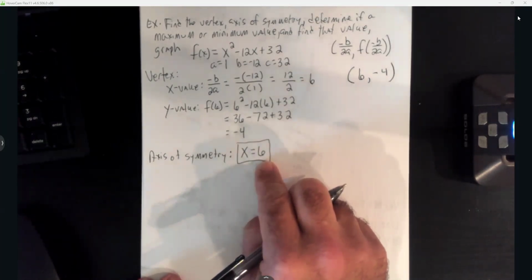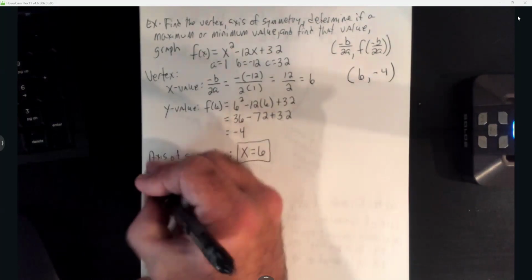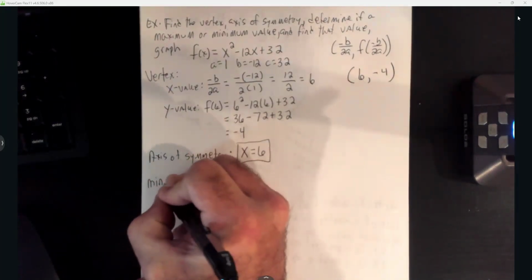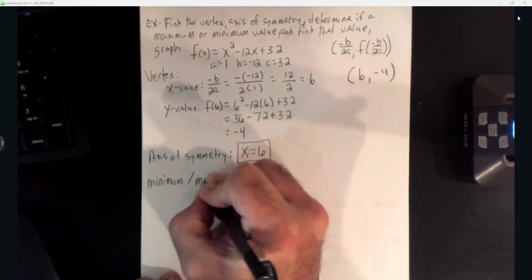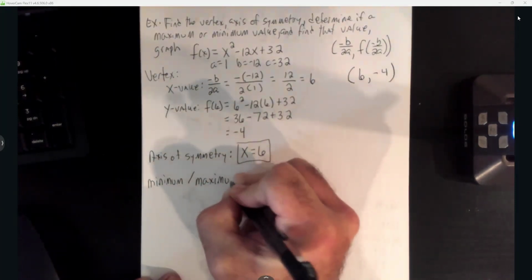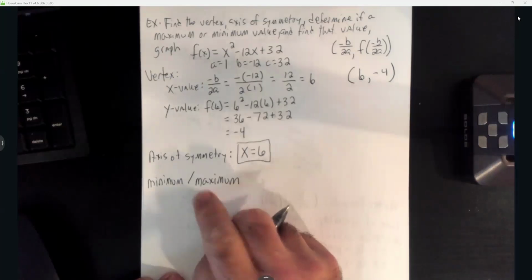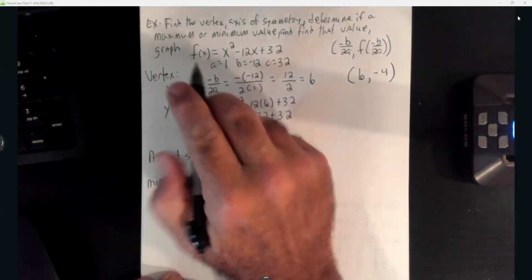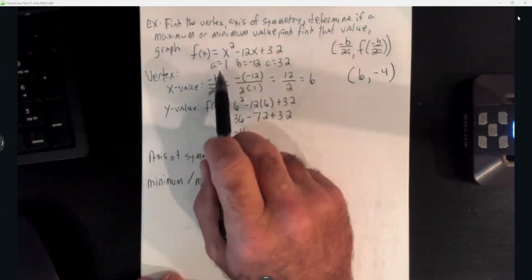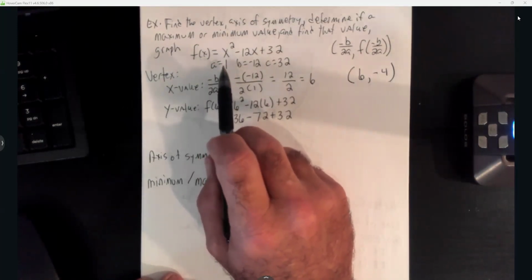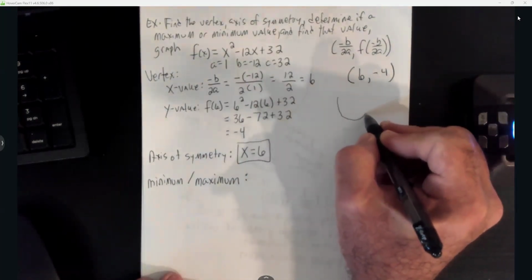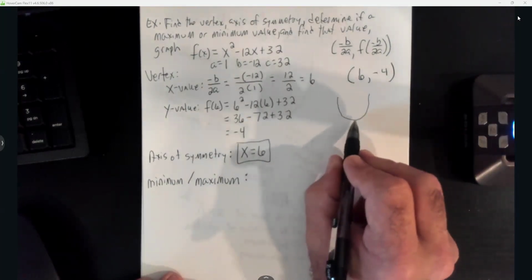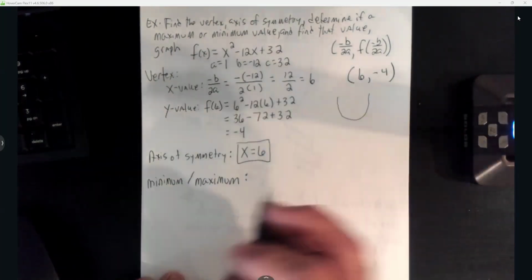Now, do we have a minimum or do we have a maximum? Well, we looked at a for that. A is a positive 1. Since a is a positive 1, I know that this parabola is going to look like that, and it's going to have a minimum value.